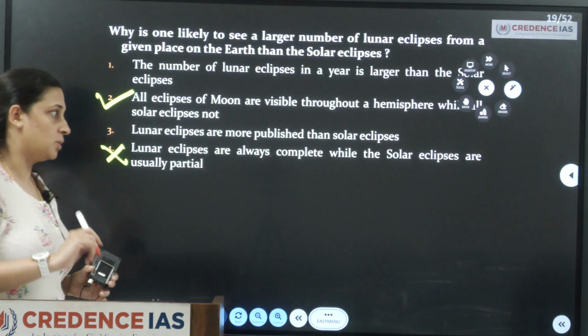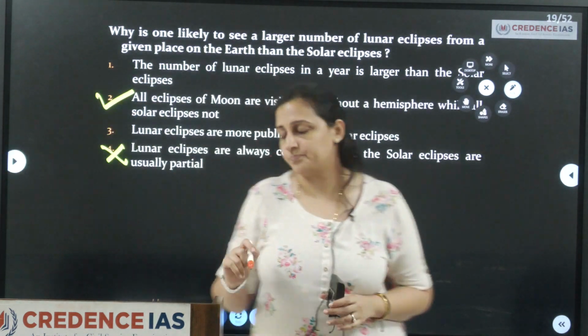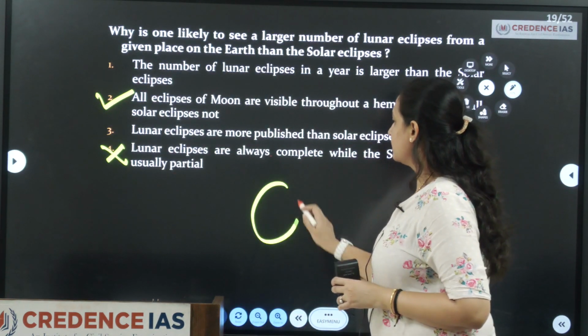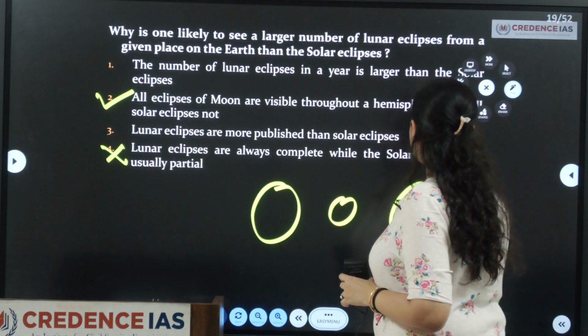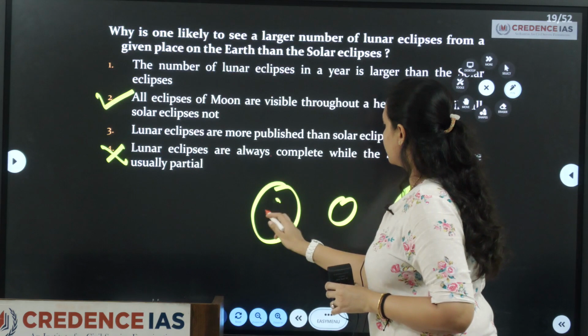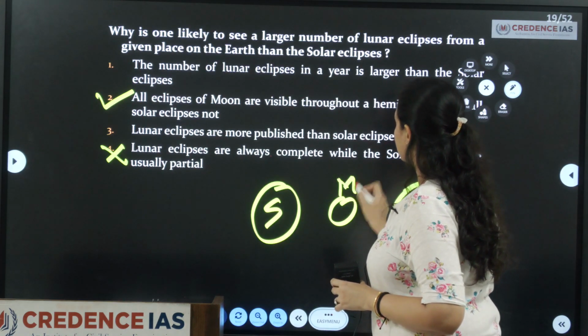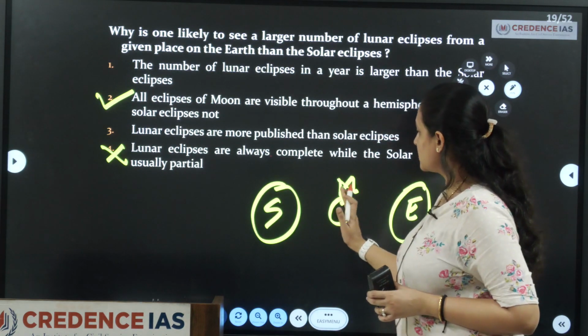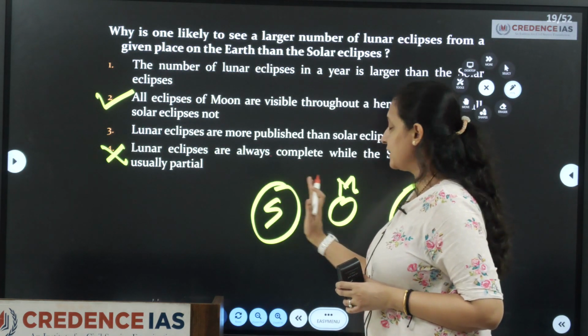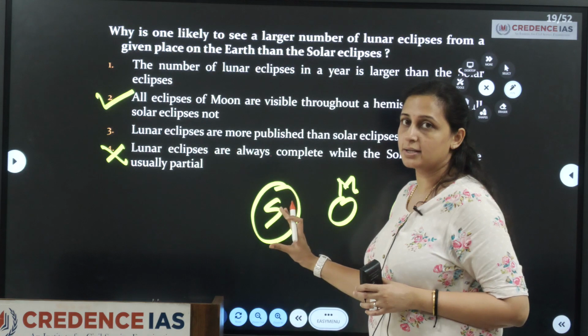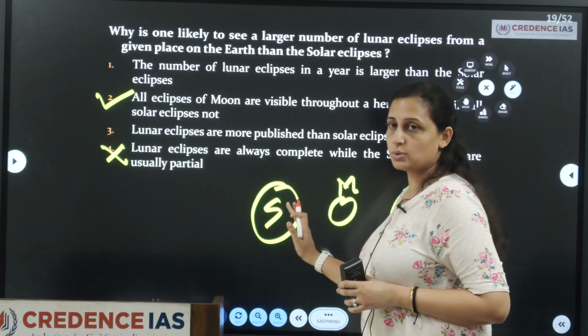A solar eclipse happens when the moon comes in between the earth and the sun. To the extent that the moon covers the sun, we call it a total solar eclipse or partial solar eclipse.